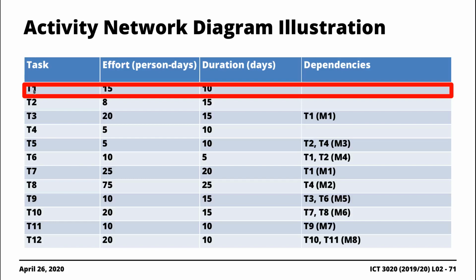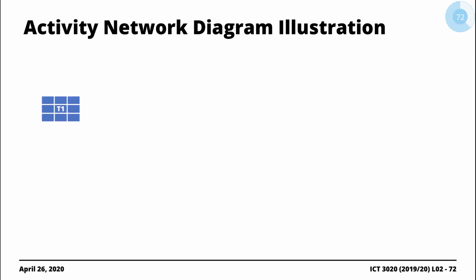The only input we need here is the task ID and its dependency. So task number 1 does not have any dependency, so 0 dependency. So what we do is we write a block, T1 there. Remember I said early start, early finish, late start, late finish, slack, task name.